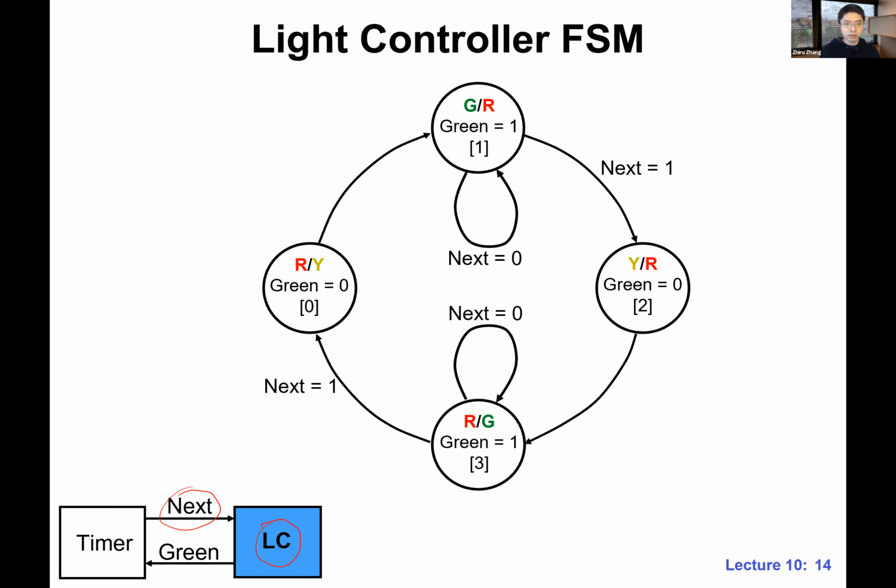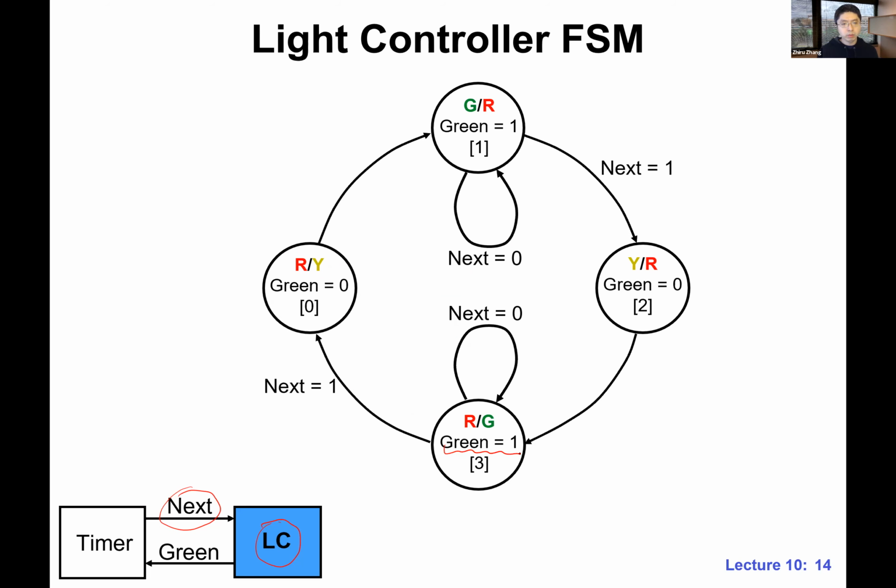We need to make the transition anyway to the next green period. Then we stay here for a few cycles and go to another yellow state. Is it clear? This is the light controller, and one thing that the light controller will output is this one.